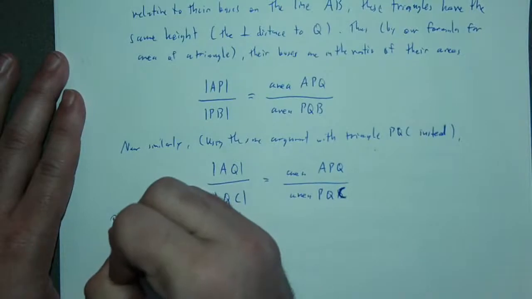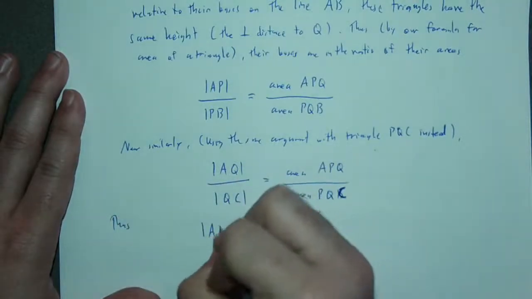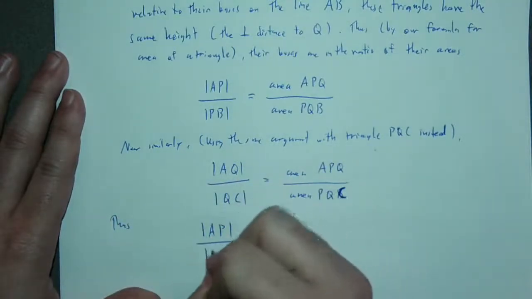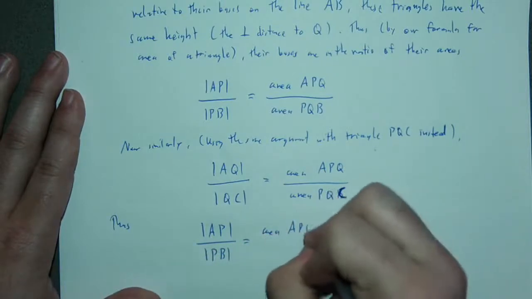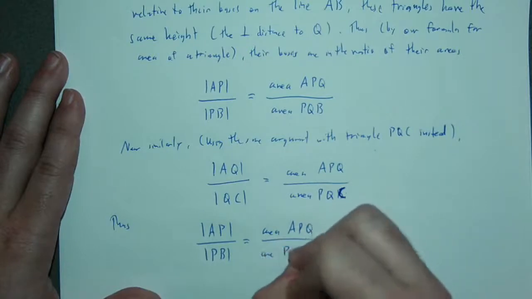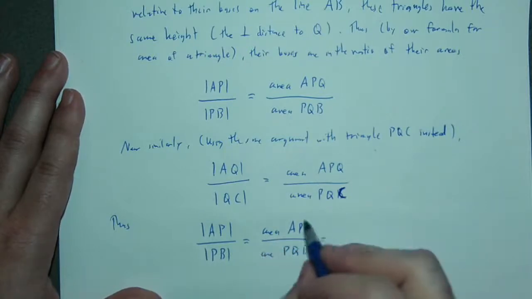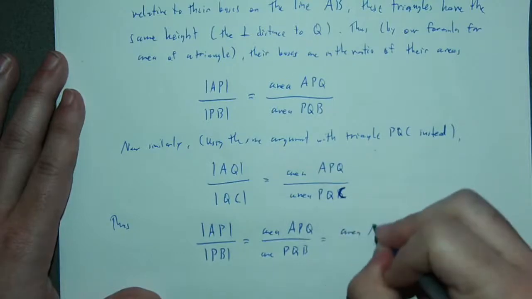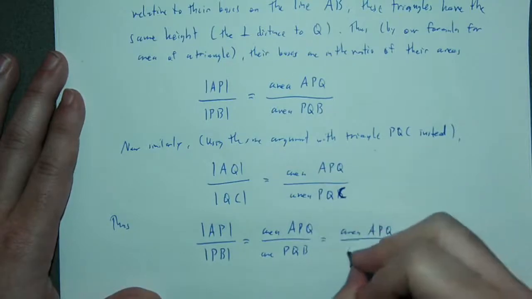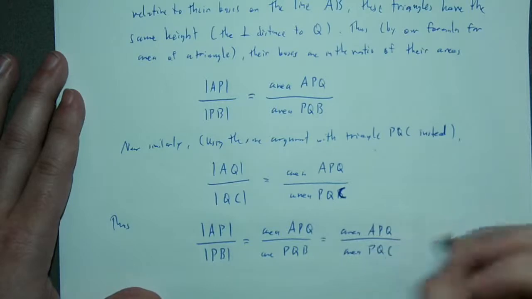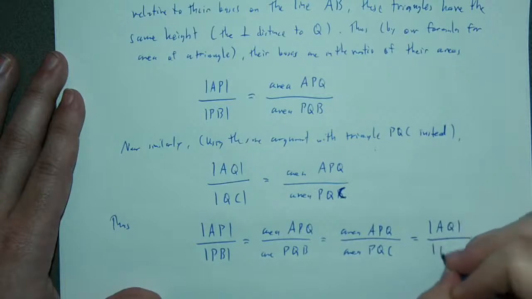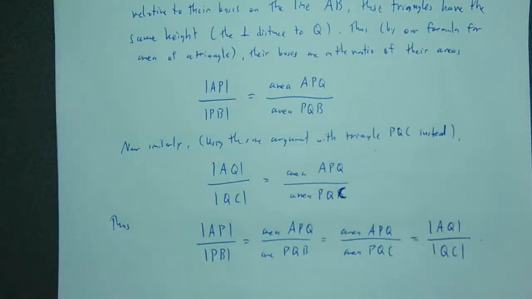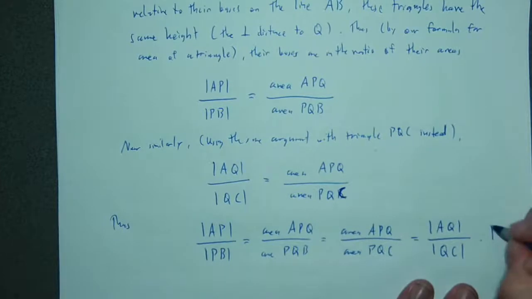Thus, the length of AP divided by the length of PB is equal to area of APQ over area of PQB, but this is equal to the area of APQ over the area of PQC, which is the length of AQ over the length of QC. But that's the Thales theorem. That's it. That's exactly what we wanted to show.